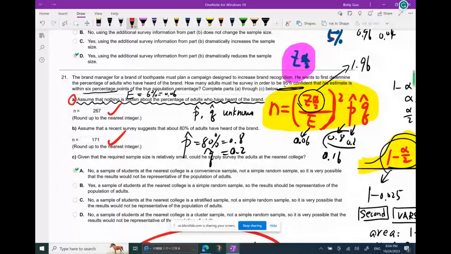Second thing, once you have the value of n from the calculator, you want to always round it up. Even if the digit right after the decimal point is less than 5, you still want to round it up to make sure your sample size is sufficient to apply the process. The two things are very important.